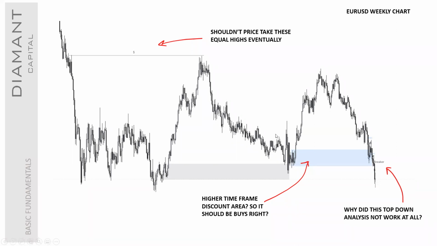Within ranges, you're trading between premium and discounted areas. So if we got to this price down here, what could we have expected to happen? If we were simply technical traders, we would have said, okay, this is a higher time frame discounted area, so we should only be looking for buys. It's quite protected because you've got this high time frame mitigation of this previous order block.